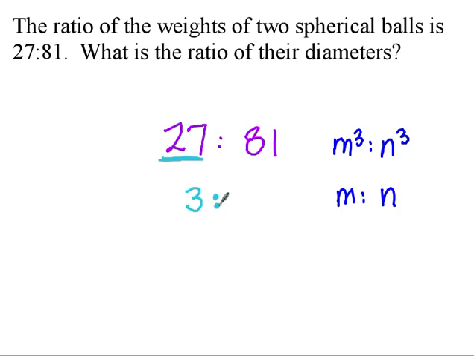What times itself 3 times gives me 81? 4.33, so 4.3 repeating. For those of you on your calculator wondering how to do this, it's 27 to the 1/3, and then 81 to the 1/3. Alrighty, questions?